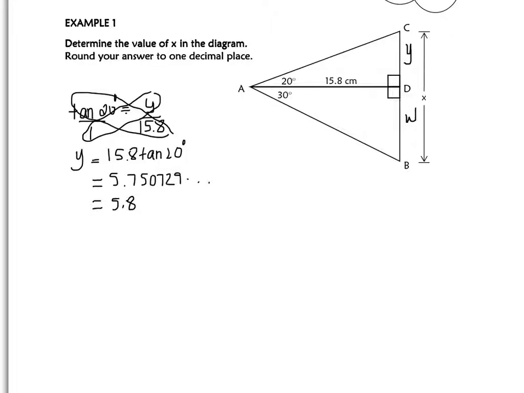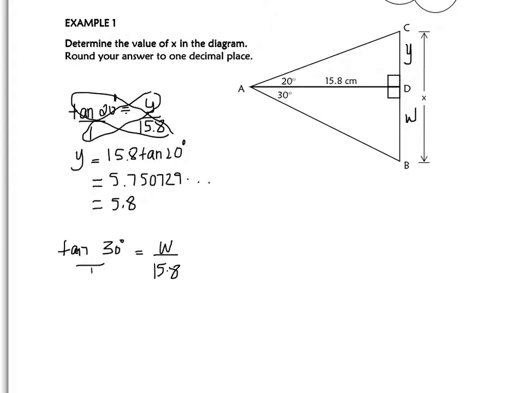Then to calculate the length of W, we can use the bottom right triangle, ADB. The side W is across from the angle 30, so it would be the opposite side, and again AD would be the adjacent in that right triangle. So we would use tan in the bottom right triangle. Tan of 30 degrees is W over 15.8.